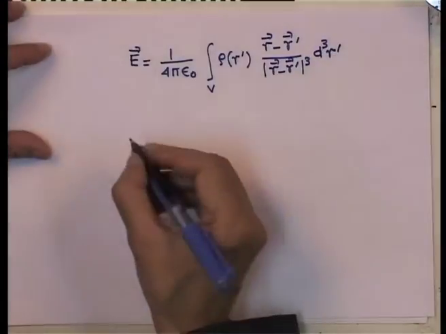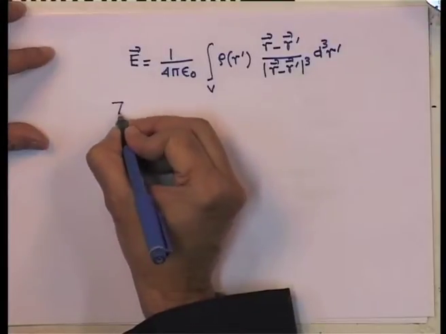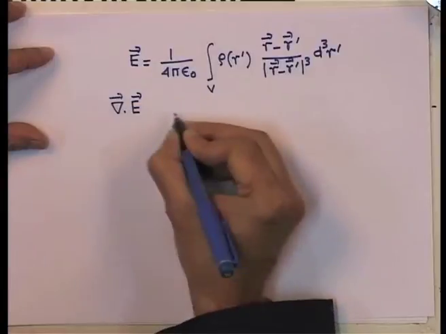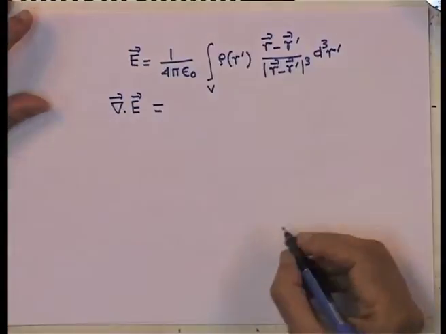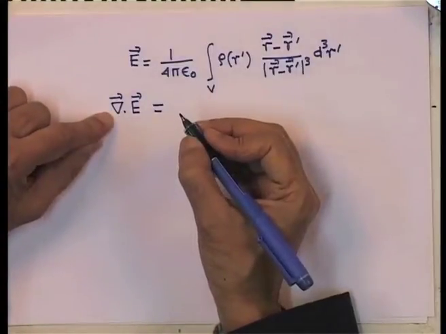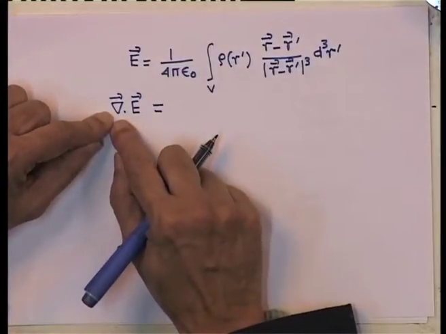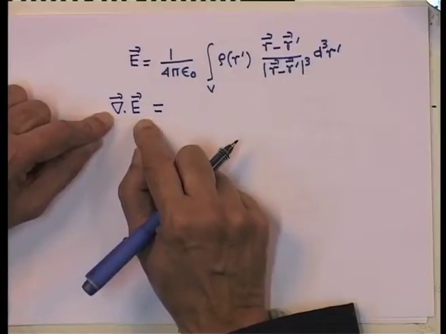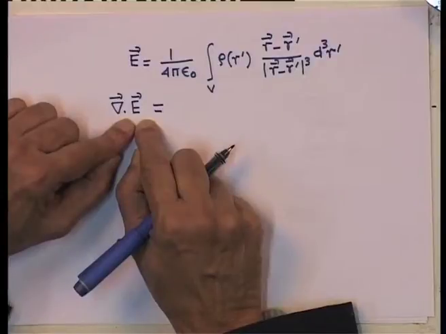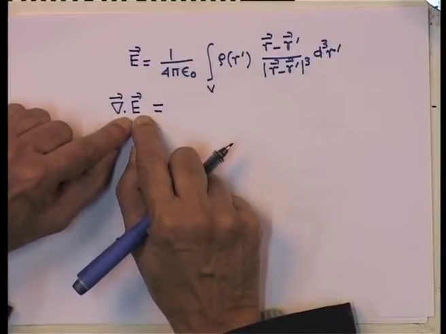So, if I want now del dot of this, if I need the del dot of E, remember this del operator is with respect to the variable r, which is the point at which I am trying to find my electric field.